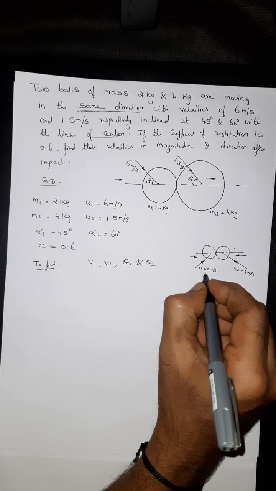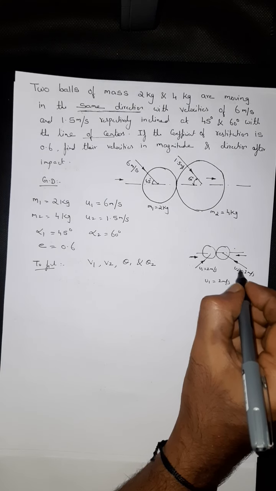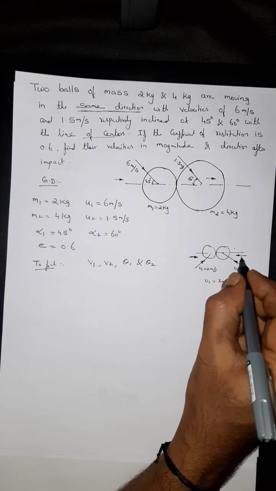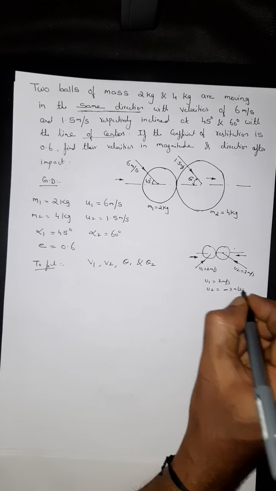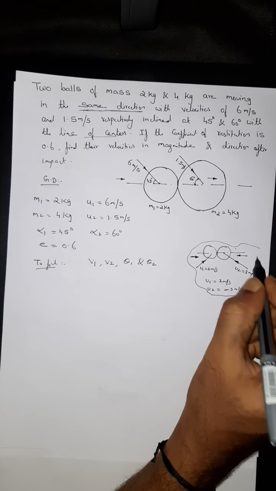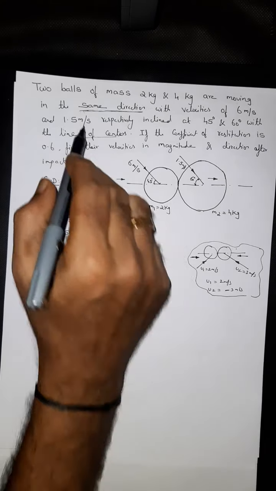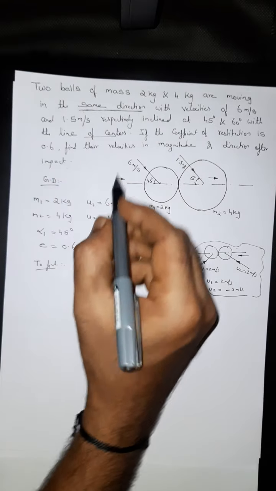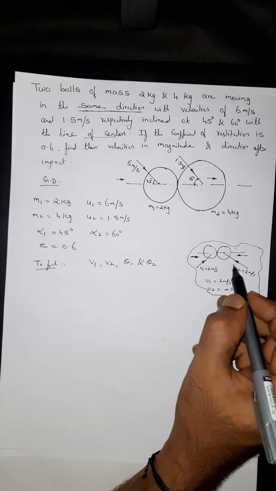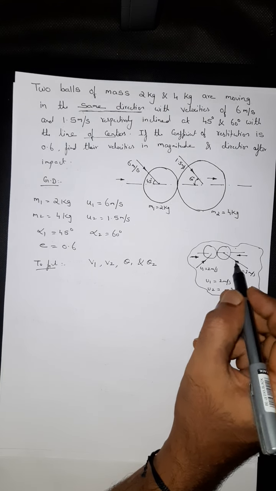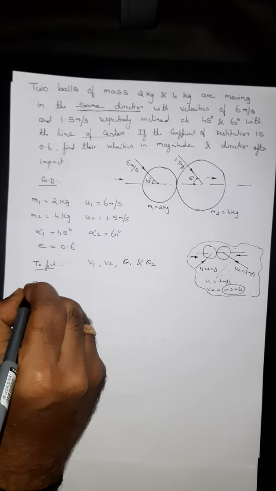So u1 can be mentioned as positive because it's moving in the positive x-axis, whereas this one is moving in the left direction, that is the negative x direction, so it can be mentioned as minus 3 meter per second. You have to remember the direction of motion, right? As far as this problem is concerned, both are in the same direction, therefore you need not consider the negative value here. Whereas if it were mentioned that the second ball is moving in the opposite direction, then we would have to consider the negative value, right? Fine.